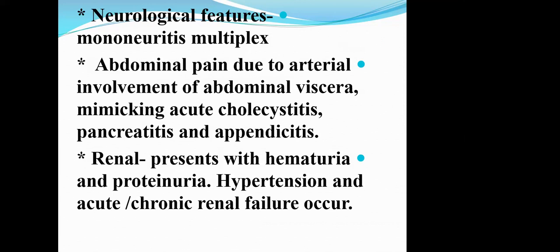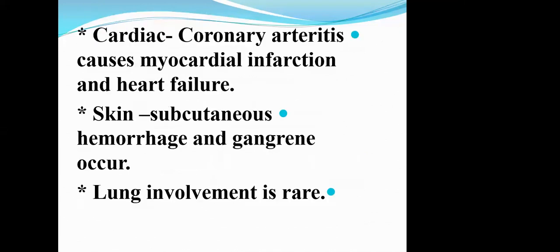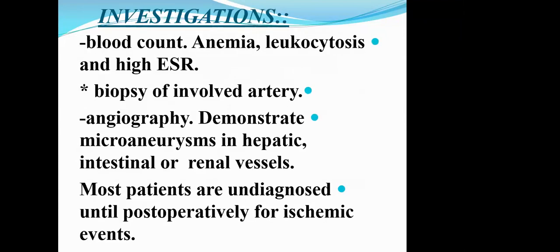Renal will present with hematuria, proteinuria, hypertension, chronic renal failure. Cardiac, we have coronary arteritis causing myocardial infarction or may cause heart failure. Skin, there will be subcutaneous hemorrhage and gangrene. Lung involvement is rare in polyarteritis nodosa.